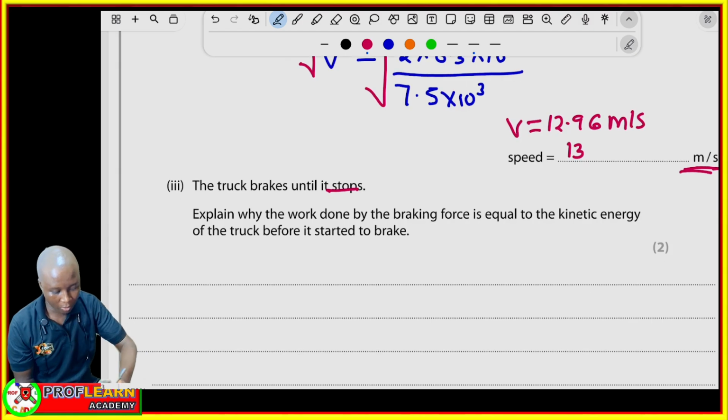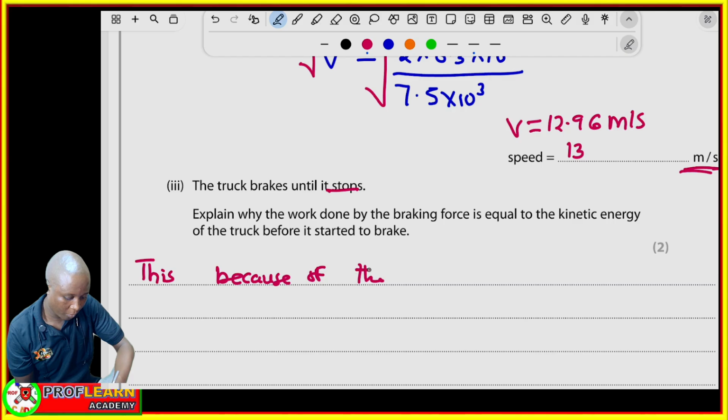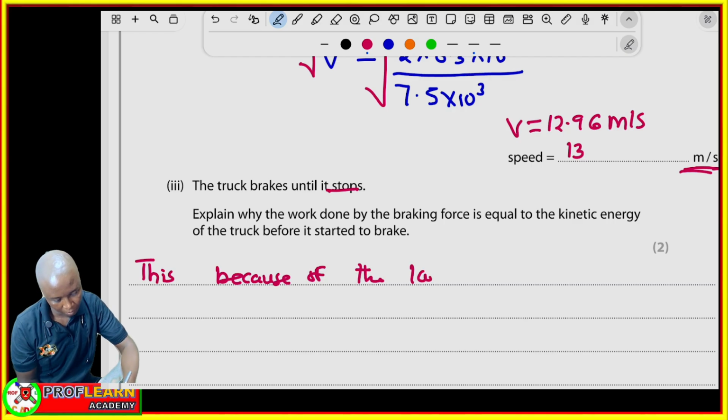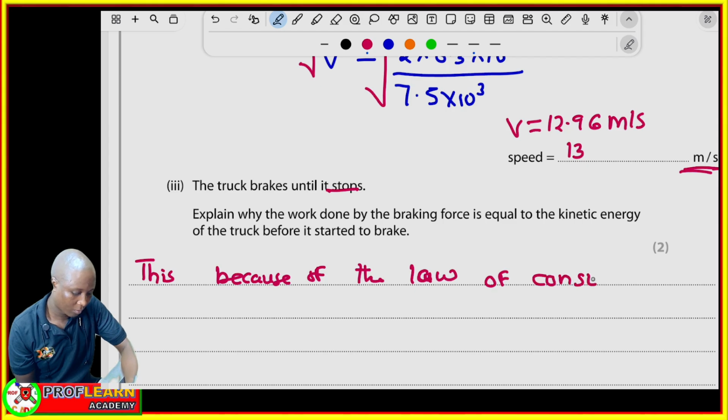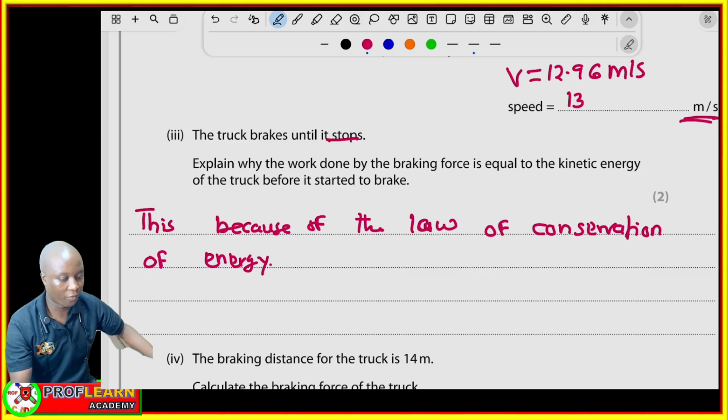This is because of the law of conservation of energy.